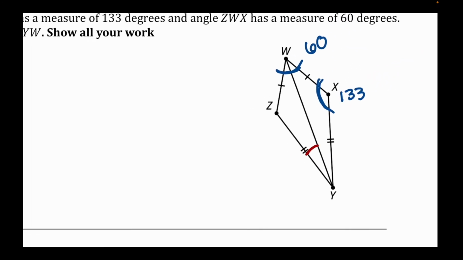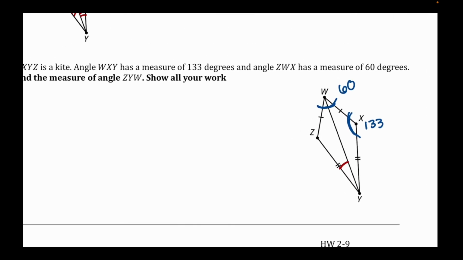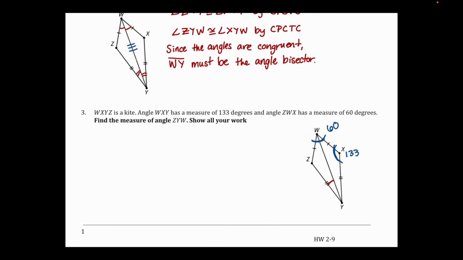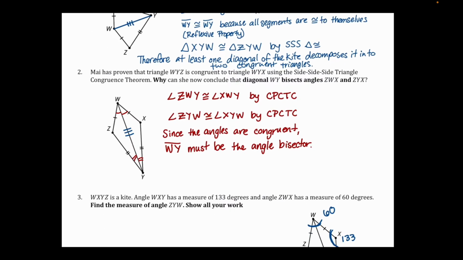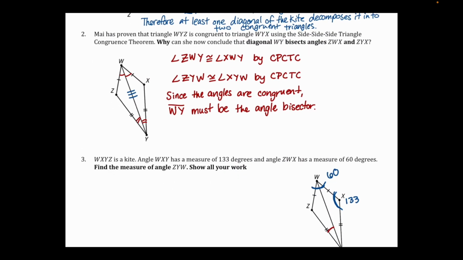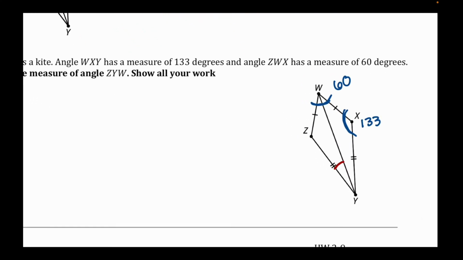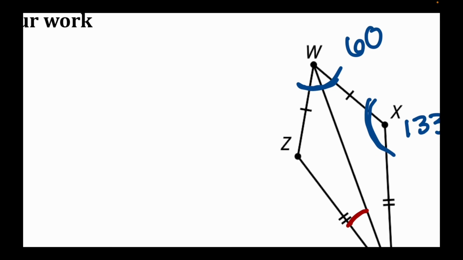Okay. Now, based on some things that I know, like corresponding parts of congruent triangles are congruent, we just proved two things: that kite, as long as that diagonal cuts down the middle, is going to have two congruent triangles by side, side, side, and that same diagonal is going to be the angle bisector of these pieces. So those two previous questions actually play an important part in this, because that means my 60 can get cut in half and be 30 and 30.